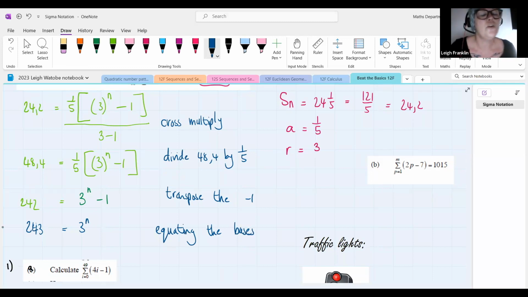If you do not know how to write 243 with base 3, get 243 on your calculator, and then press the Shift Fact button. Okay, so 243, Shift Fact, and it gives you, do you know what I mean when I say Shift Fact?